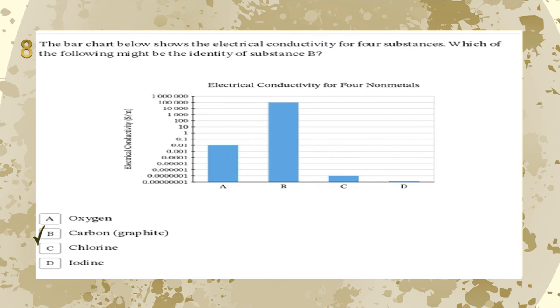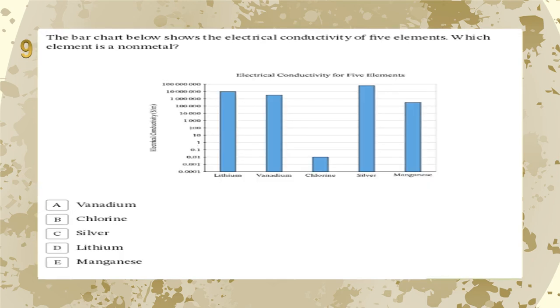Okay, let's go into question number 9. It says that the bar chart below shows the electrical conductivity of 5 elements. We have lithium, vanadium, chlorine, silver, and manganese. Which element is a non-metal?